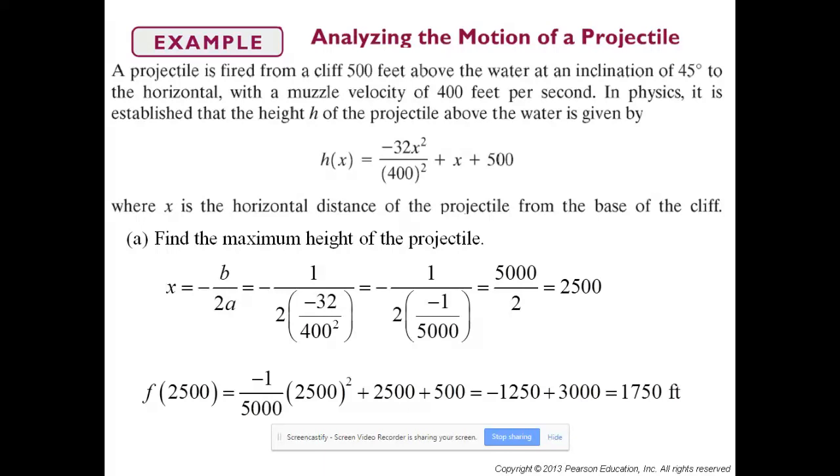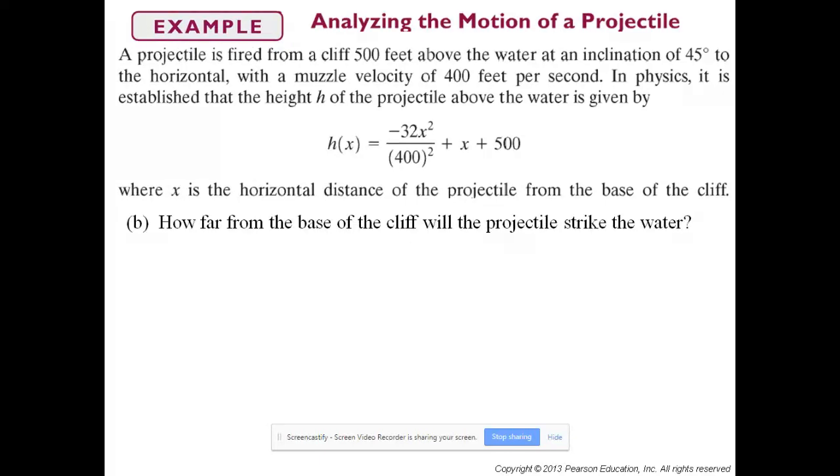It's happening at 2,500 feet away from where we shot it. Imagine the cannon is here and the projectile flying toward the ocean, 1,750 feet above the water and then 2,500 feet away from where we shot from.